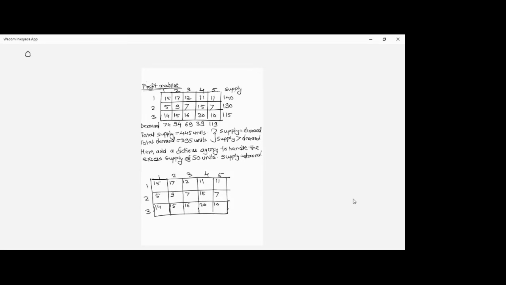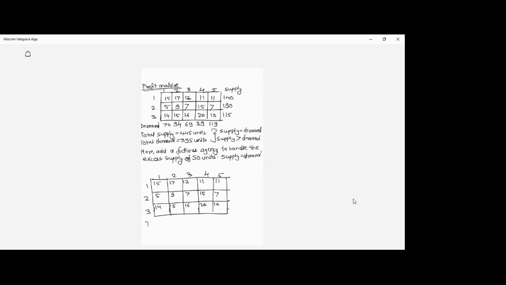Okay. So before moving ahead, we forgot that this is a maximization problem, right? I forgot that this is a maximization problem. So you can't start with the VAM solution directly. You have to convert this maximization problem into a minimization problem, and then start with the VAM solution, right?